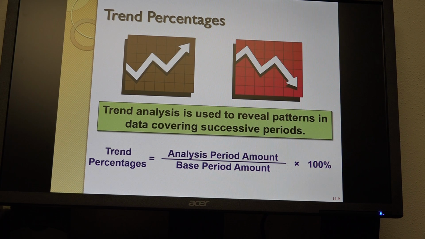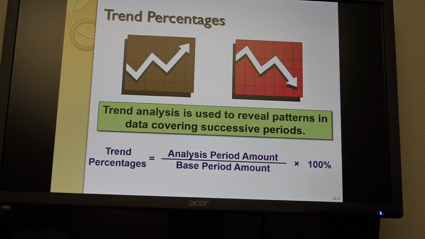All right, trend analysis is used to reveal patterns in data covering successive periods. And so here, to figure out the trend percentage, you're going to take as your numerator the analysis period amount, which is usually going to be the current year, and as your denominator your base period amount.